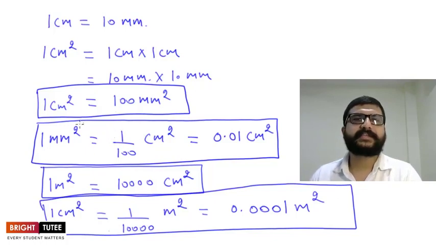So here we have seen how to convert centimeter to millimeter, and then how to convert square centimeter to square millimeter, square millimeter to square centimeter, square meter to square centimeters, and square centimeters to square meters.